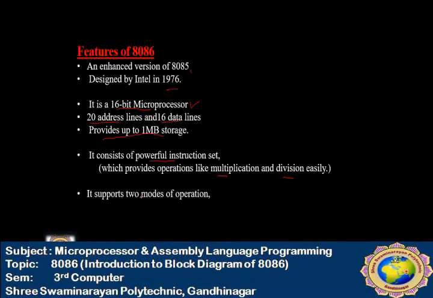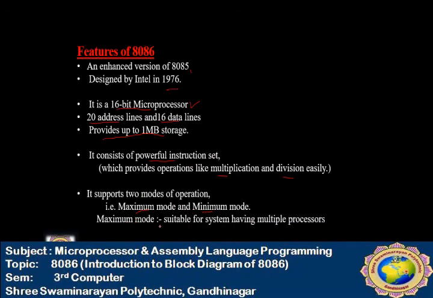The next feature is that it supports 2 modes of operation: one is the maximum mode, another is the minimum mode. Maximum mode is suitable for systems having multiple processors, and minimum mode means a single processor.